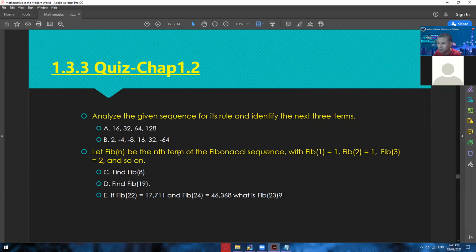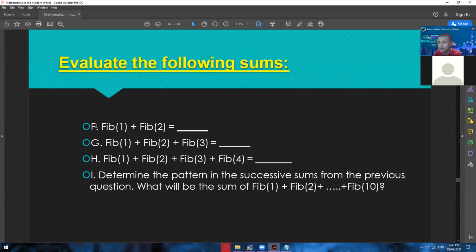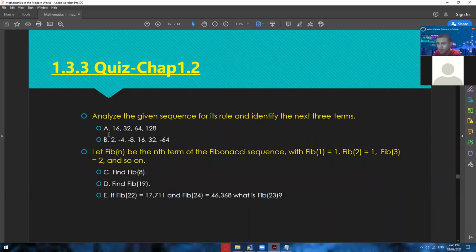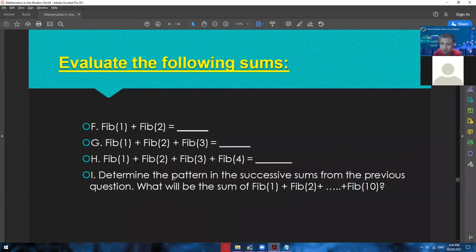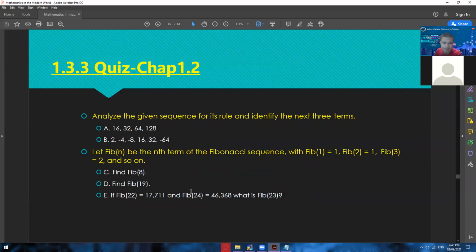With that, you'll be able to answer letters C, D, E, and then F up to I. For letters A and B, you don't need the Fibonacci sequence. So when it comes to Fibonacci, it's from C to I only. I'll give you 1 minute to analyze, and just in case you have a question, just let me know.